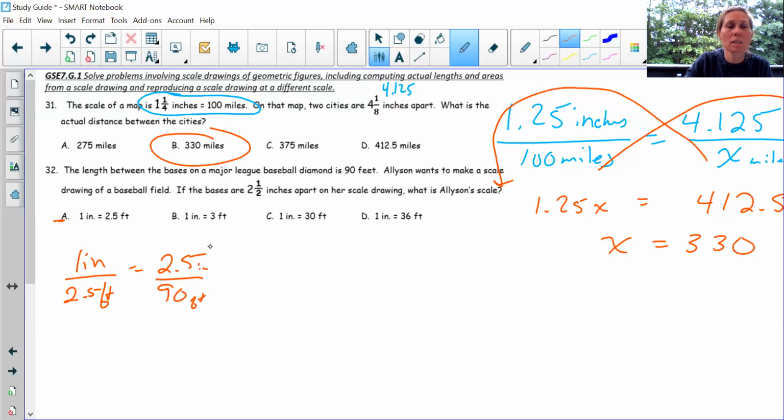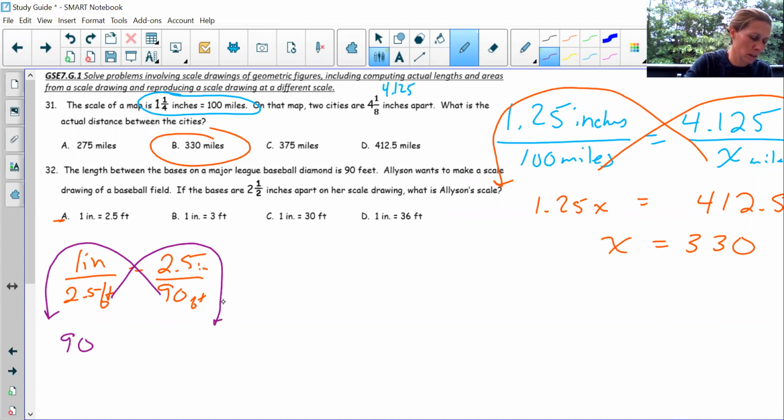This is inches and that's 90 feet. Well, let's do cross products. If it's proportional, both sides will be equal. 1 times 90 is 90. Is 2.5 times 2.5 going to be 90? No. 2.5 times 2.5 gives me 6.25. That is not proportional. So A is out.